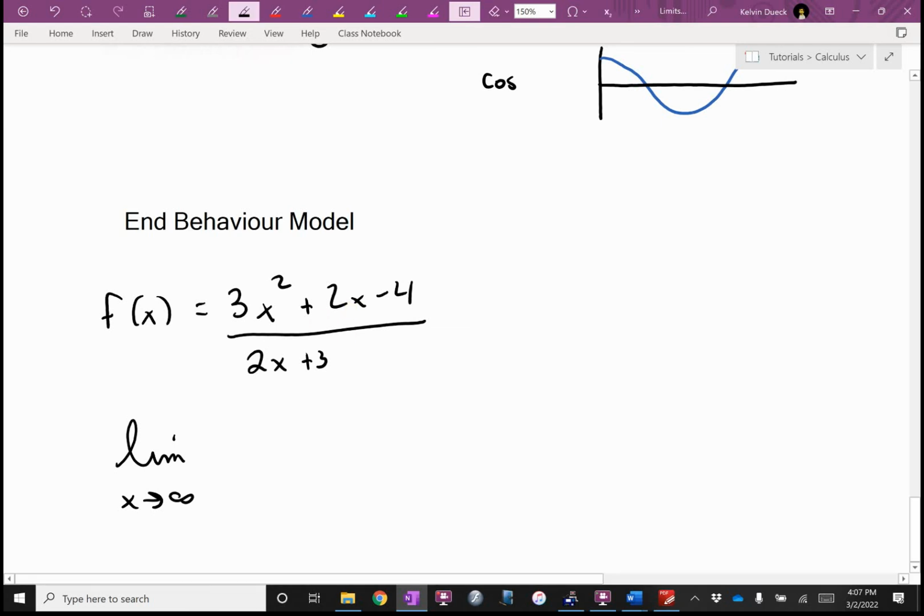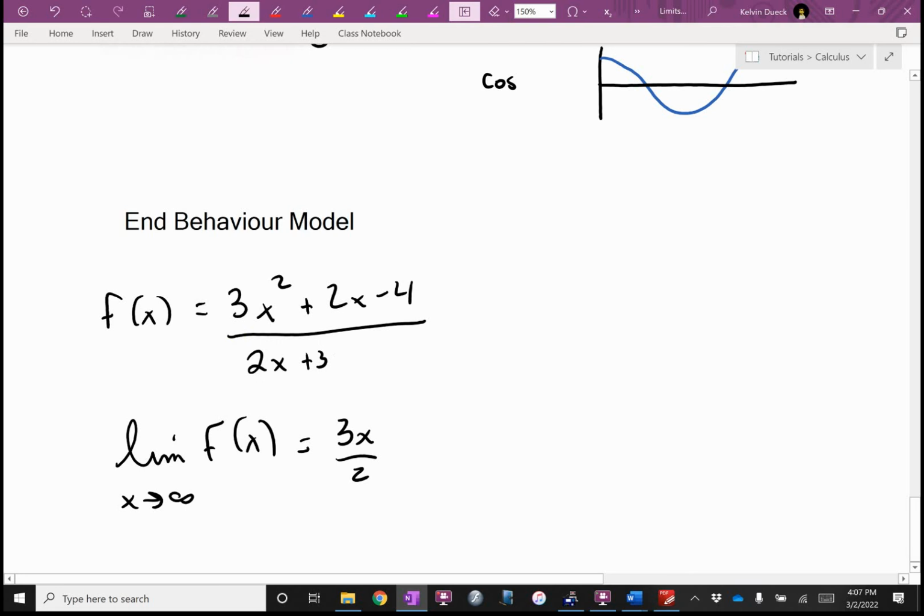I'm going to end up with, it's going to be approximately that. See it? First of all, these won't matter at all. One of the x's will cancel.